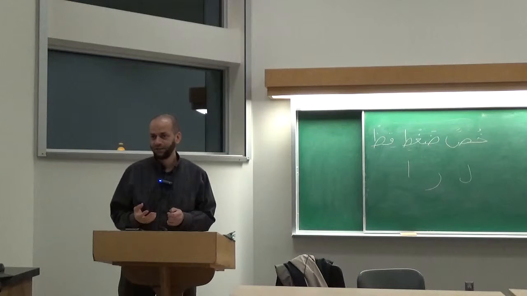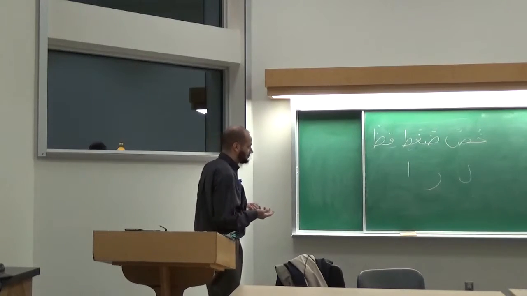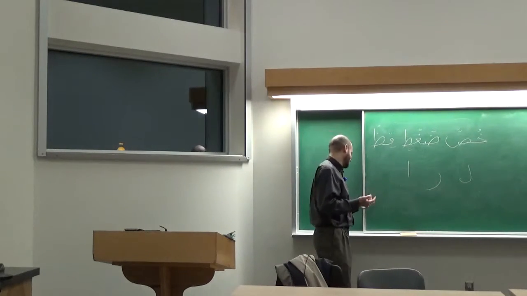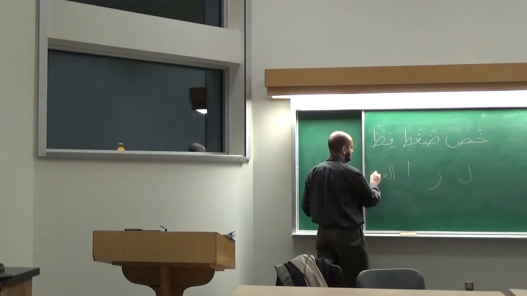So the ghunna of the ikhfa is sometimes soft and sometimes strong. The ghunna is not really a letter, it's a sound, but it is part of this group of letters that are sometimes soft and sometimes strong. Does it make sense?